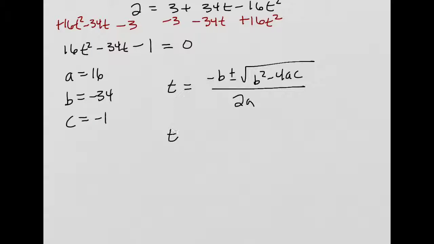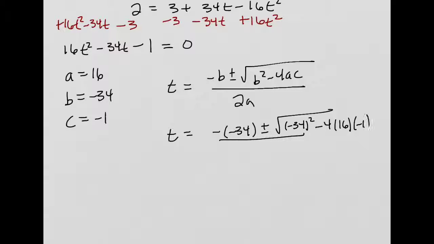So if we plug in our values, we get negative b, so I have the opposite of negative 34, plus or minus the square root of negative 34 squared minus 4 times a times c, all over 2a.